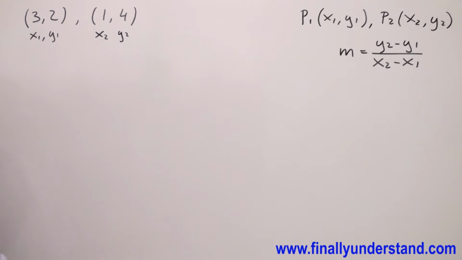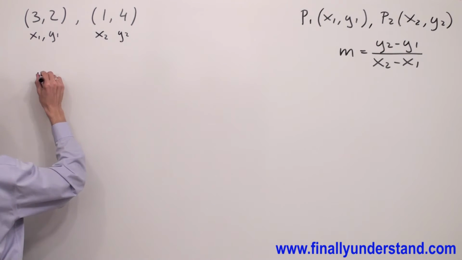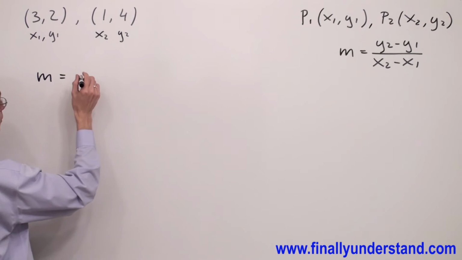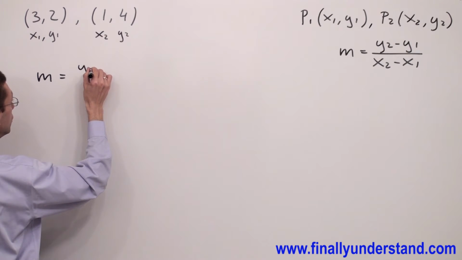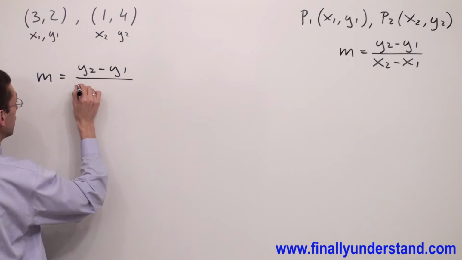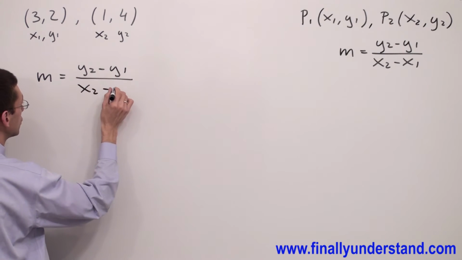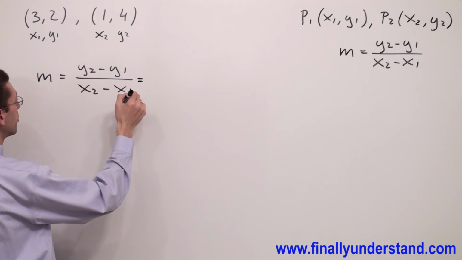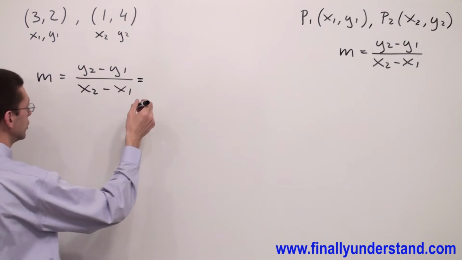Next, I'm supposed to apply this formula. M is equal to y2 minus y1 over x2 minus x1. Now we're supposed to plug in the numbers into the formula.